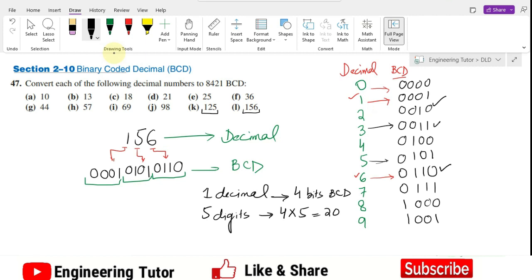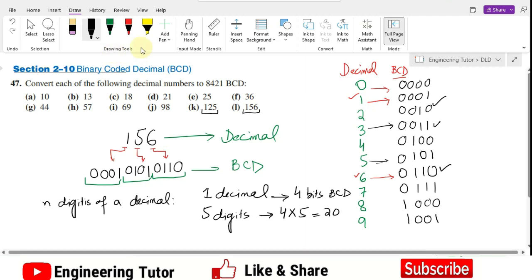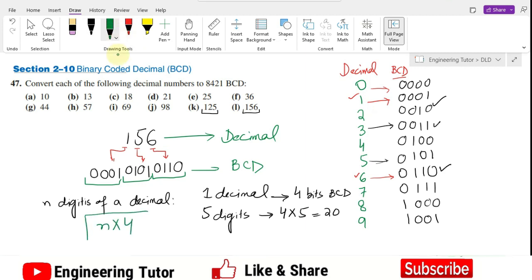If you have n digits of a decimal, it will have n multiplied by 4 bits of BCD. That is the formula: putting in the number of digits in the decimal and multiplying by 4, we get the number of bits in our BCD.